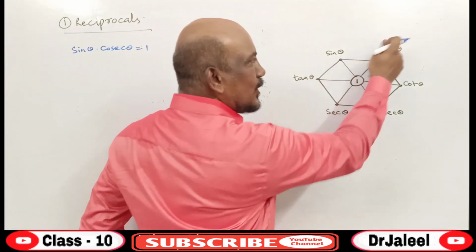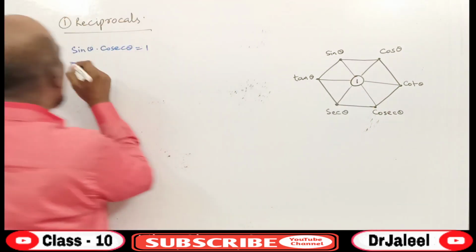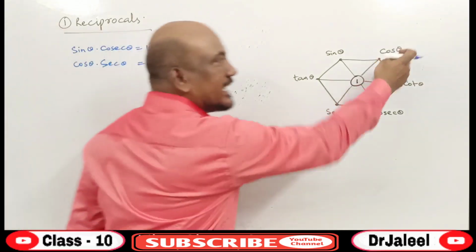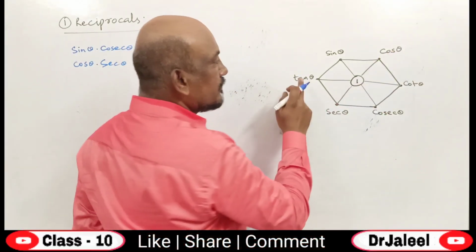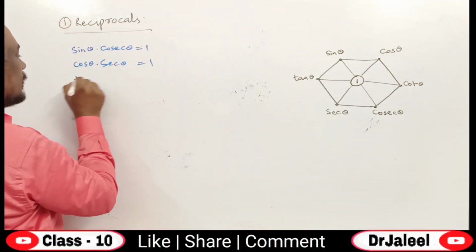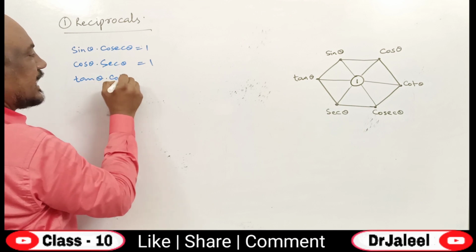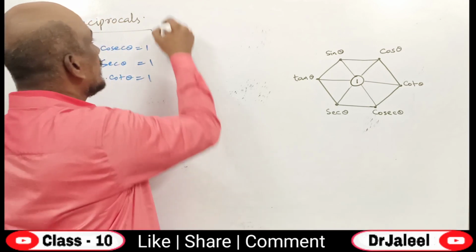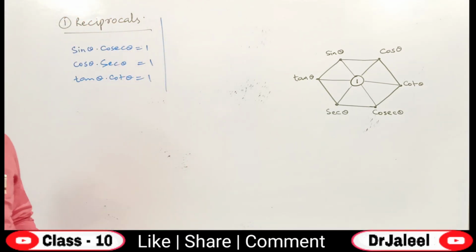Same way, cos theta into sec theta is equal to 1. Take the opposite vertices. And then tan theta into cot theta is equal to 1. This is how you can go for reciprocals.